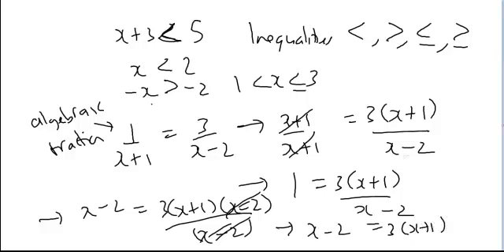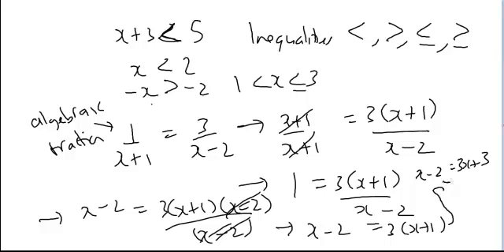So now I just manipulate that. Running out of space, that goes to x minus 2 is equal to 3x plus 3, since I'm multiplying 3 by x plus 1. So now I can subtract x from both sides.